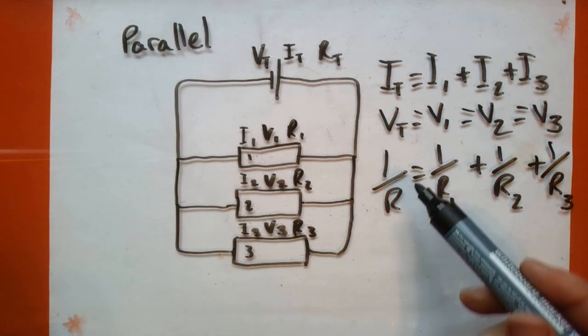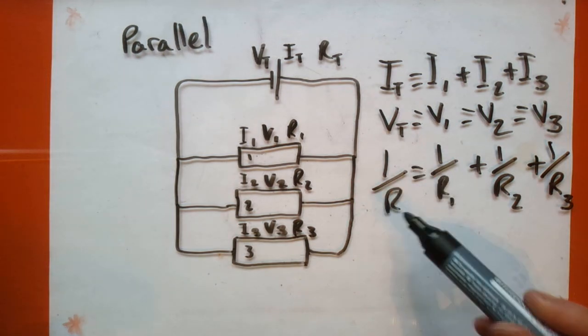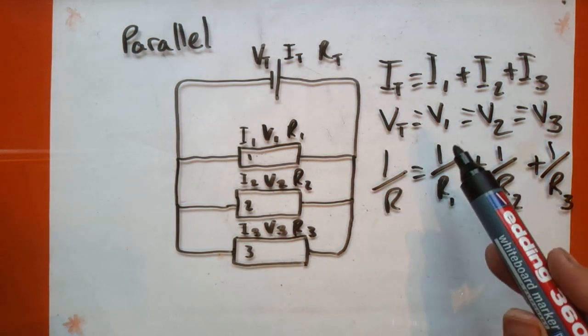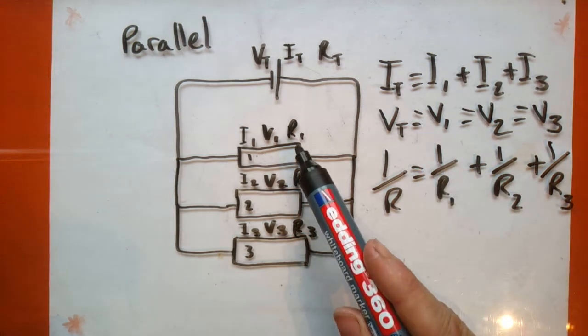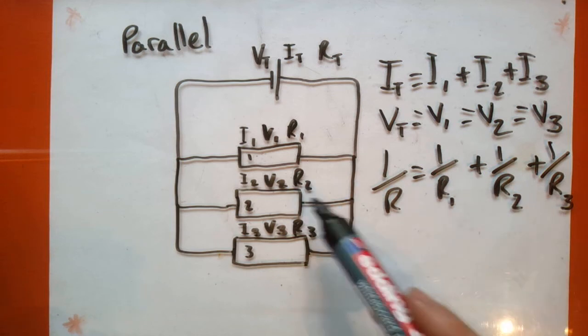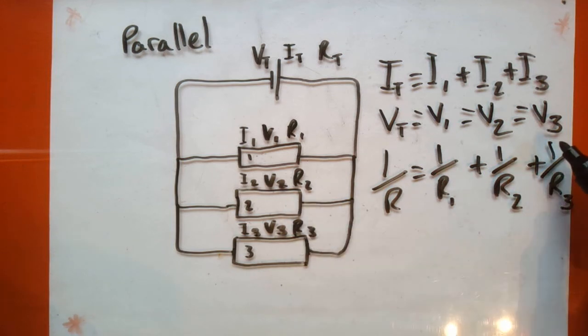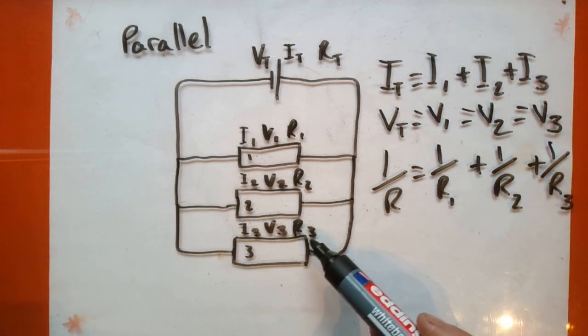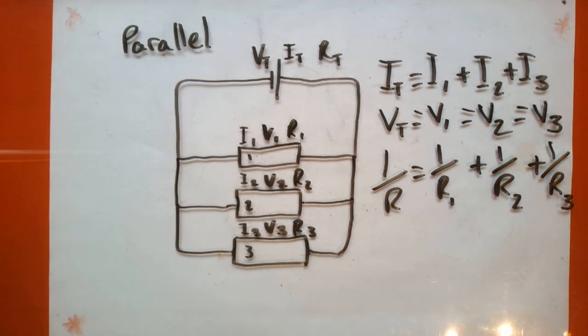So what we need to do to calculate this is 1 divided by the resistance of resistor 1, add 1 divided by the resistance of resistor 2, add 1 divided by the resistance of resistor 3, to calculate the total resistance of 3 resistors connected in parallel. We've added a third one to this, so we've got our third resistor here.